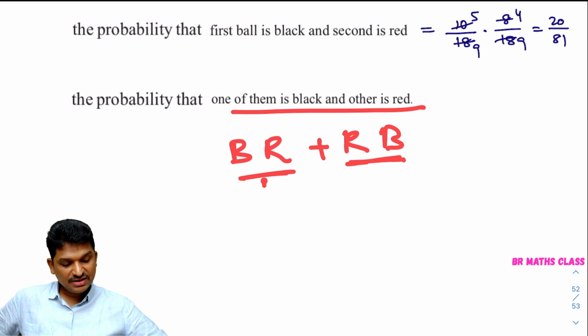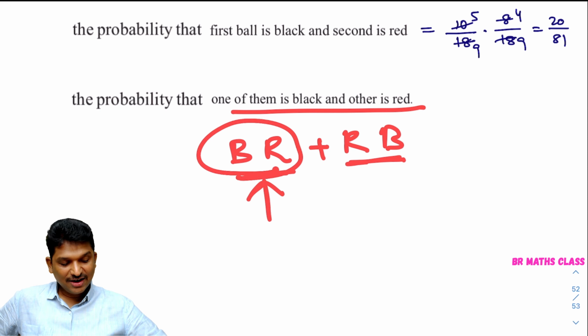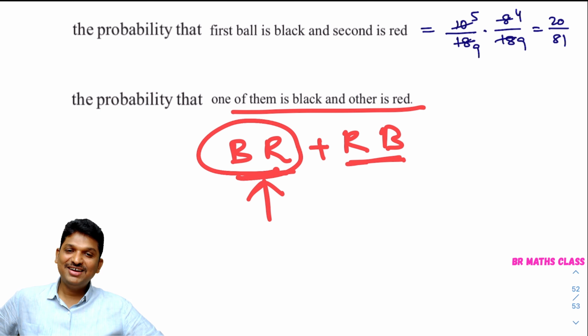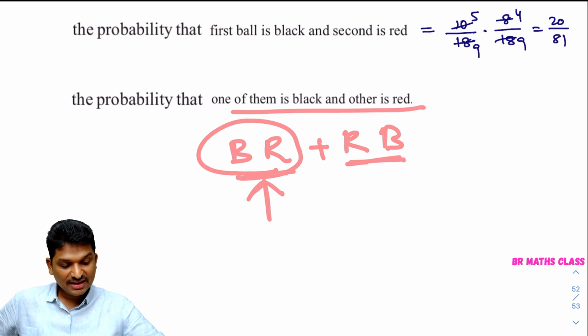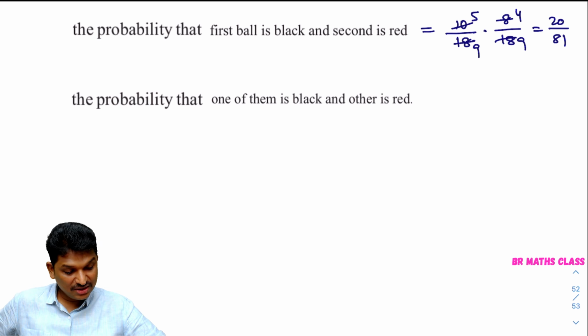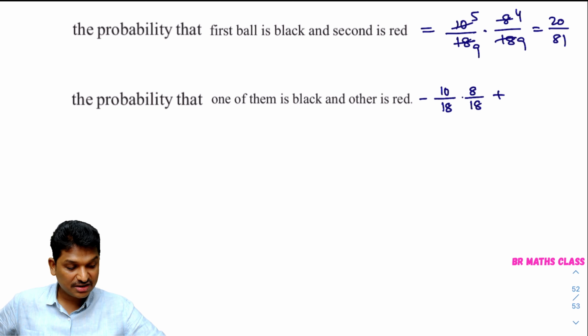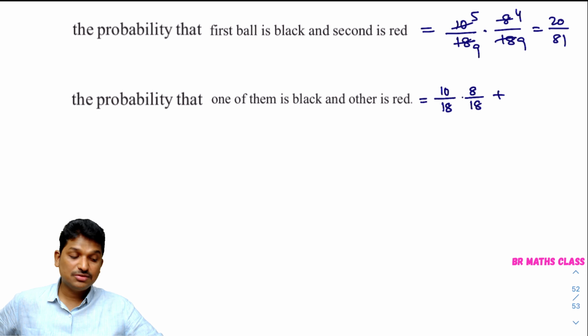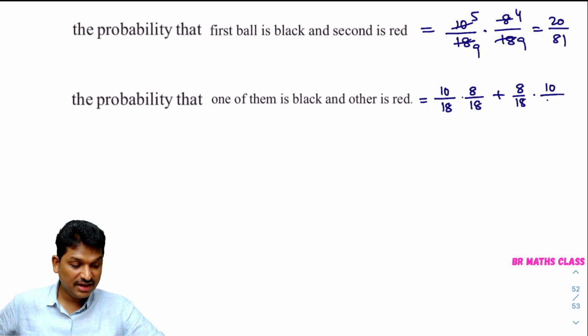So, first I will calculate BR. See, our channel name is what? BR Max Class, right? So, first one is black, second one is red. What is the probability that the first one is black, the second one is red? That is, first one is black means 10 black balls are there, 10 by 18. Second one is red means 8 by 18, as we are doing with replacement. Okay, what is the probability that the first one is red? That is 8 by 18, into second one is black, that is 10 divided by 18.